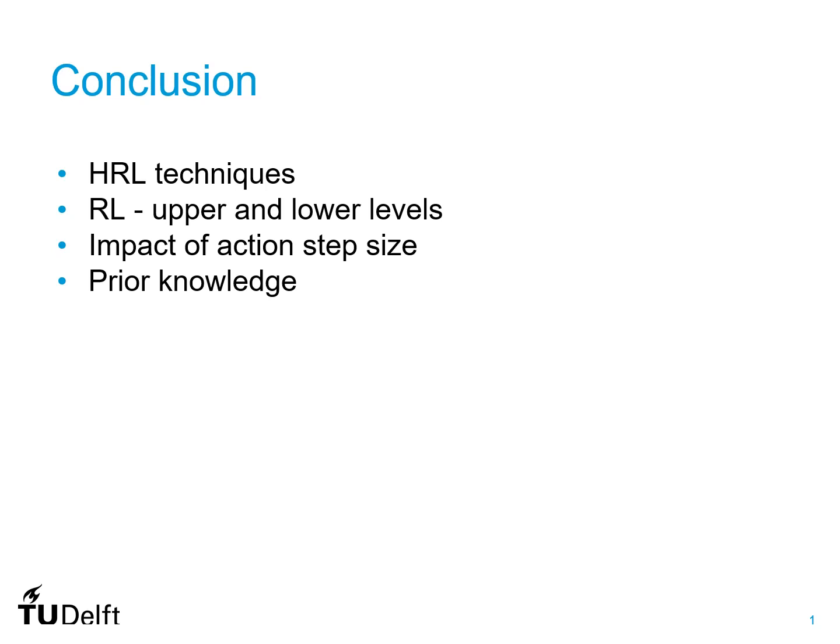Along with that, we have also talked about the eligibility traces in the learning algorithm, and we did an investigation of how an action step size can determine the learning performance of the robot in standup tasks. We finally talked about the prior knowledge which is available to the robot, as well as the use of simulations by the authors.